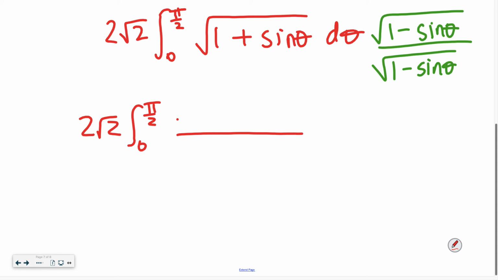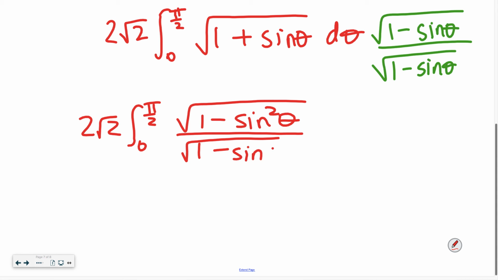So what happens is we have the square root of 1 minus sine squared up top and the square root of 1 minus sine in the denominator. Well, eventually it's not going to be a problem. 1 minus sine squared is cosine squared.